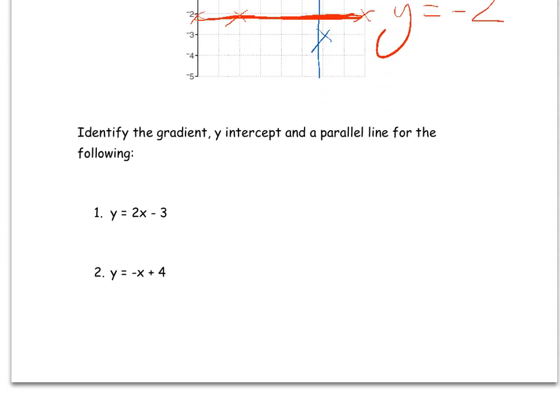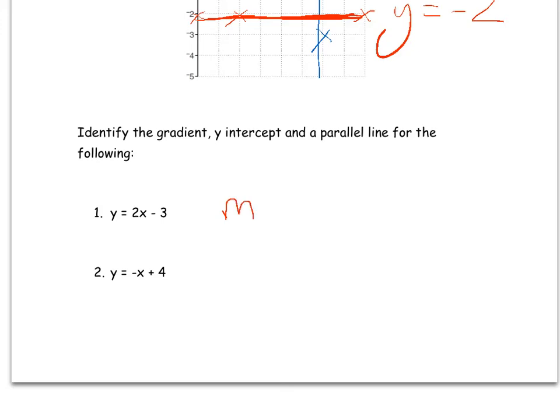Finally, you could be asked to identify from a straight line equation the gradient, the y-intercept, and a parallel line for a straight line given. So, if we look at the first one, y equals 2x minus 3, the gradient is 2.